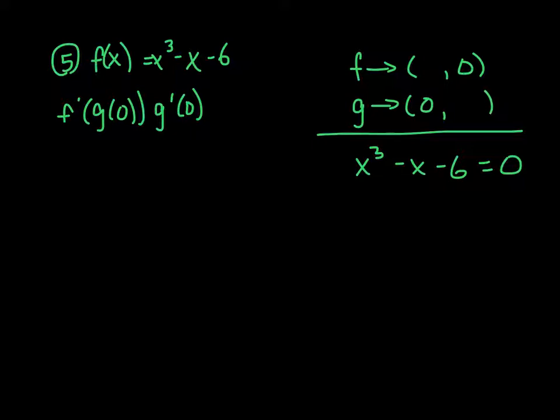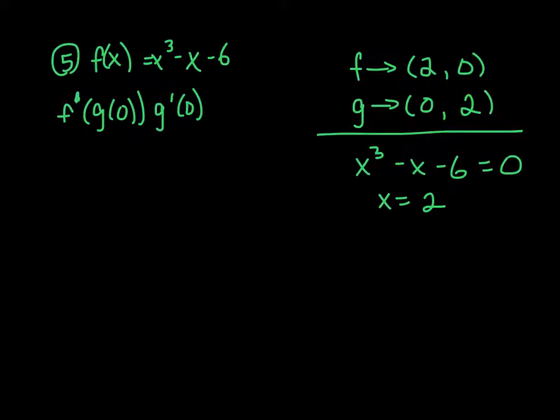Again, I would take the calculator, plug it in your y1, and see where your zeros are. Take my word for it, but do try it: you'll get x equals 2. So I'm going to put 2 in for the x value for f and the y value for g.